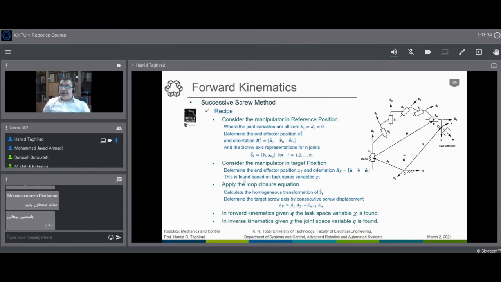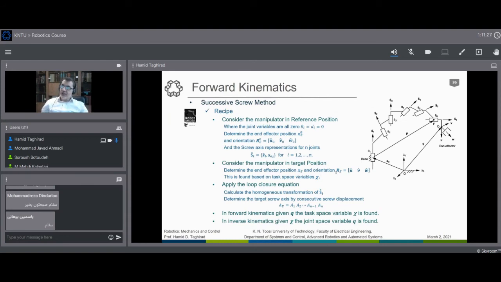And then we find XE and also the orientation, depending if it is planar or it is rotational. As we see, 6 degrees of freedom, 4 degrees of freedom, 5 degrees of freedom. Find exactly like before, the target position is this TE with respect to 0, we call it here.